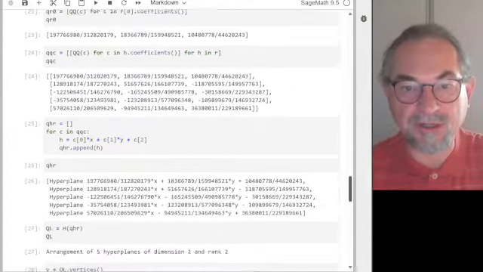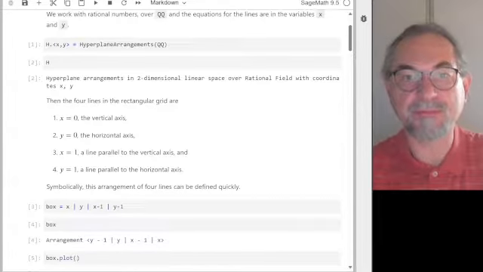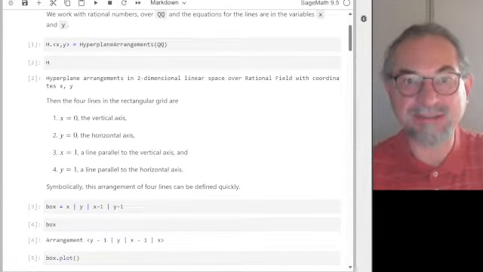So I'm now casting the hyperplanes in the original H, exact over the rational numbers. I defined H over here right at the top. So this defines a hyperplane arrangement over the rational numbers.